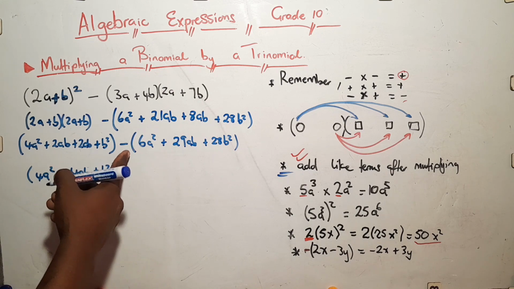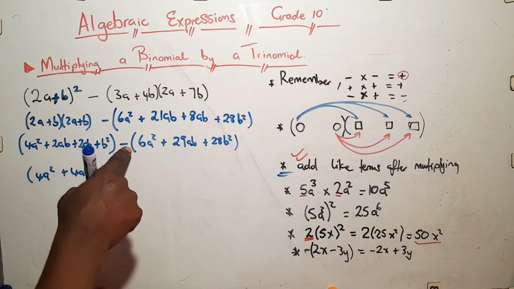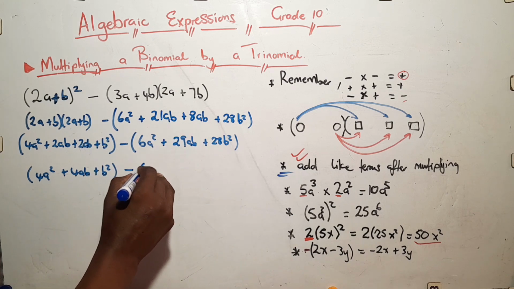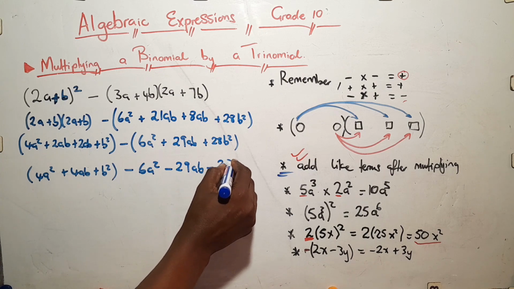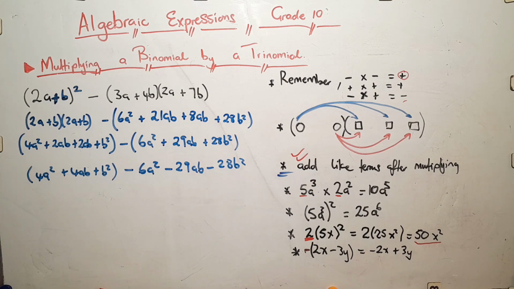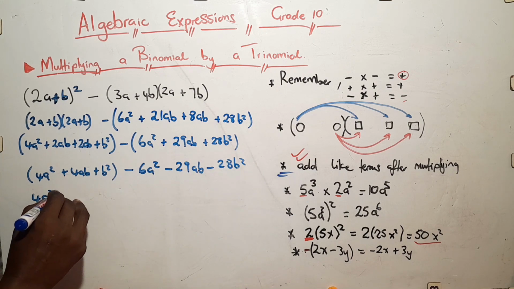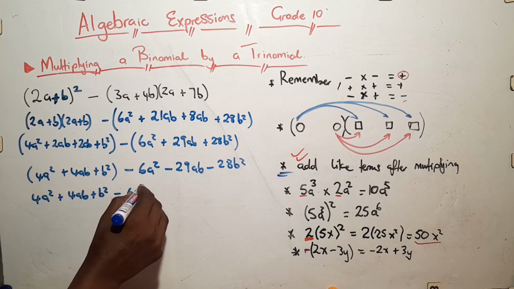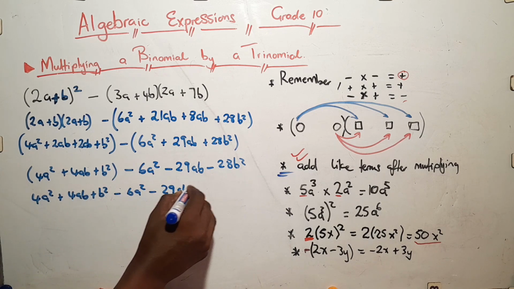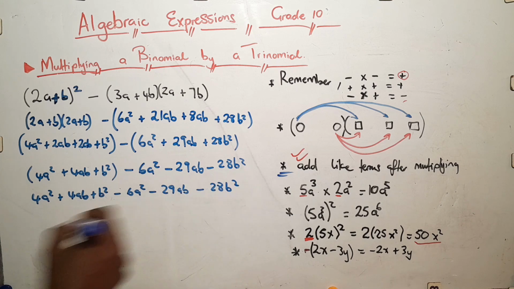Now in this case, this negative, like we explained there, is going to multiply everything inside. So this will be negative 6a squared, negative 29ab, negative 28b squared. So this is equivalent to 4a squared plus 4ab plus b squared minus 6a squared minus 29ab minus 28b squared.